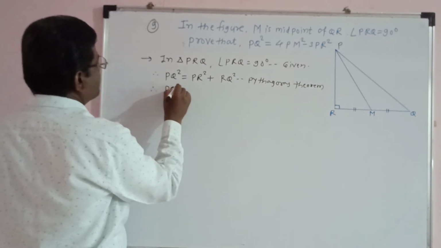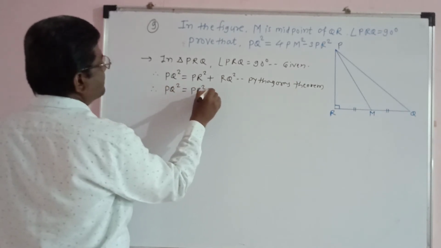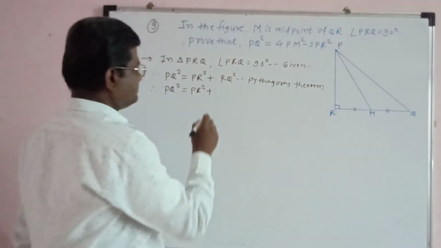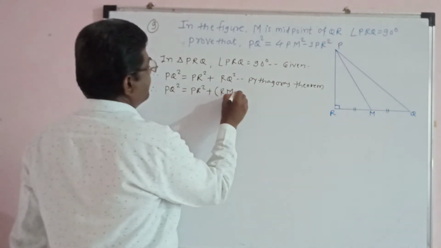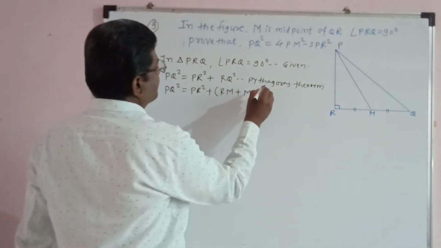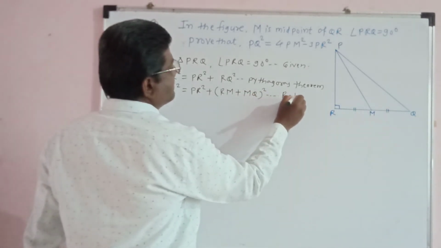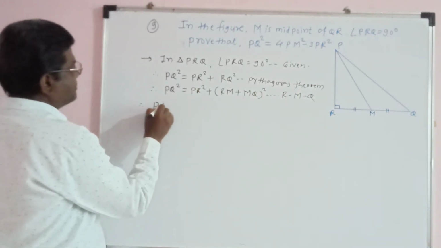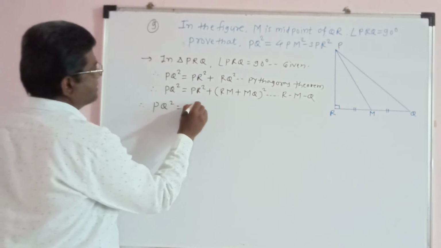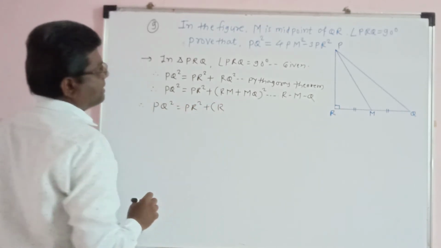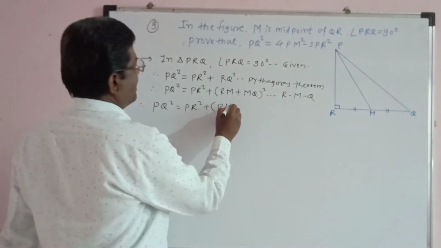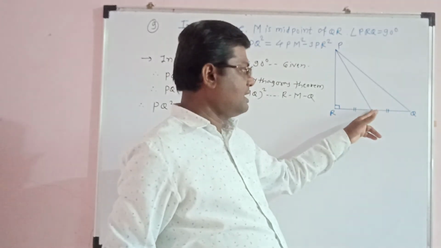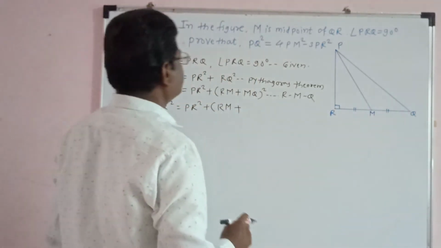Therefore PQ square is equal to PR square plus RQ, which is RM plus MQ, bracket square. Therefore PQ square is equal to PR square plus, here RM plus RM is equal to RQ, because M is a midpoint of RQ.